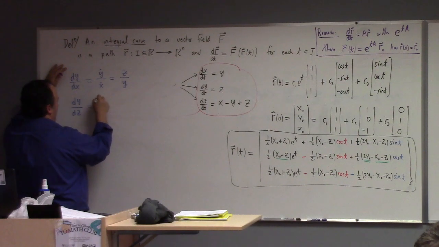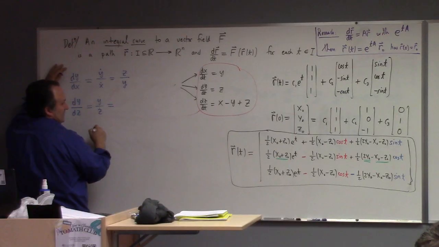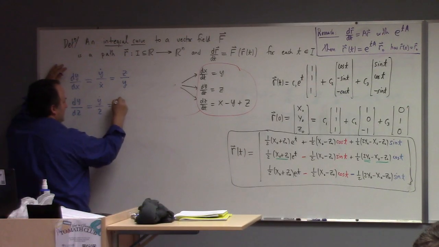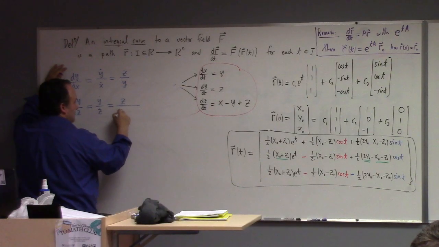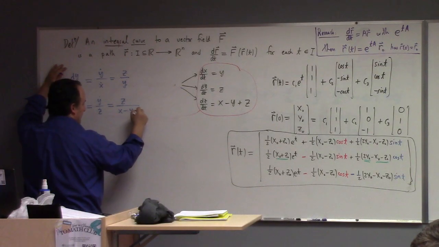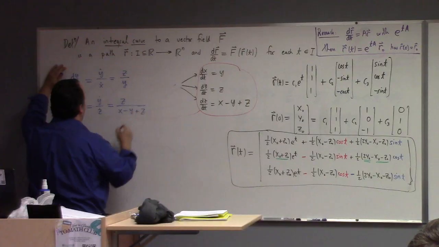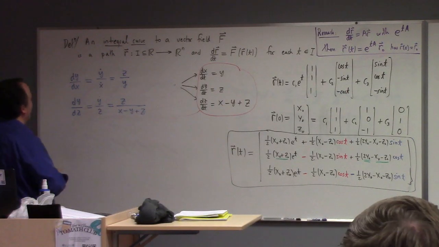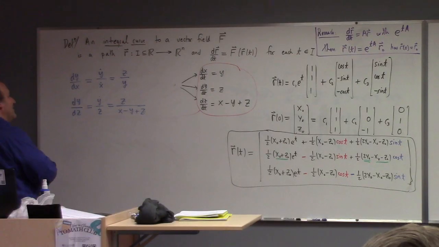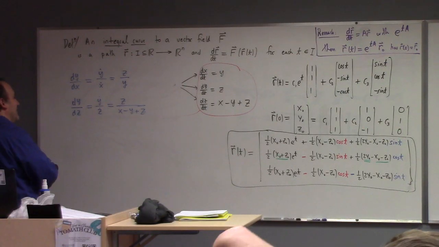So that's y dot over z dot, which would be z over, I don't know. So, yeah. I think that my notation is misleading.